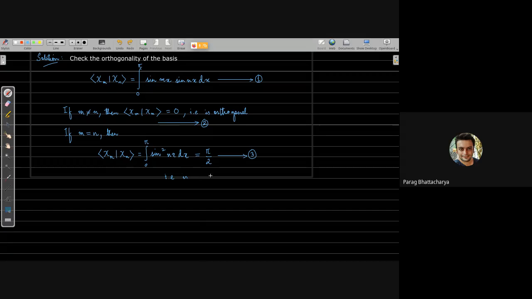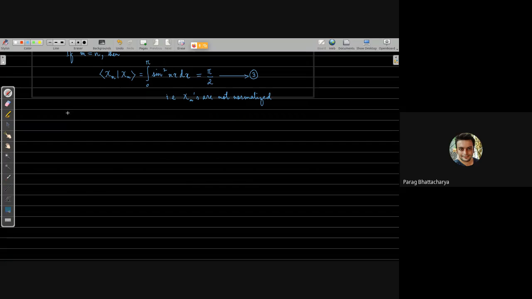That is, the chi n's are not normalized. So how do you obtain a normalized basis set? That normalized basis set will be orthonormal.